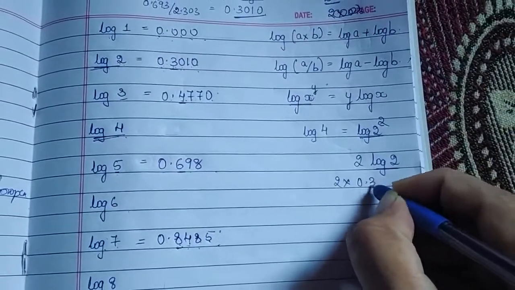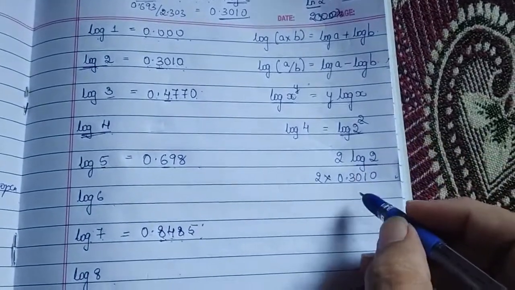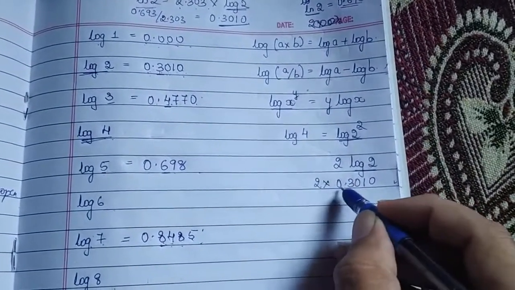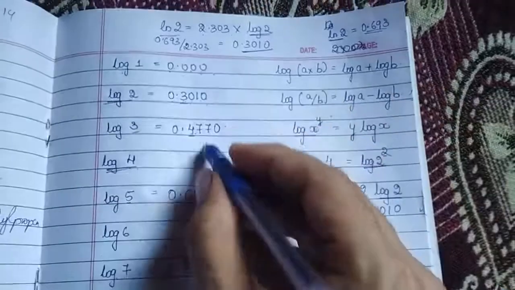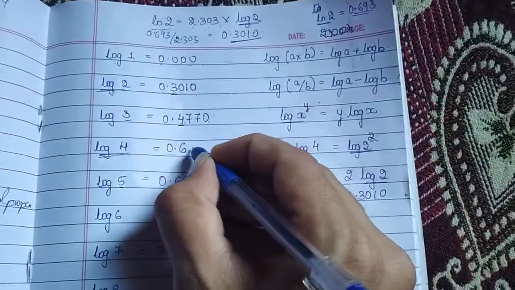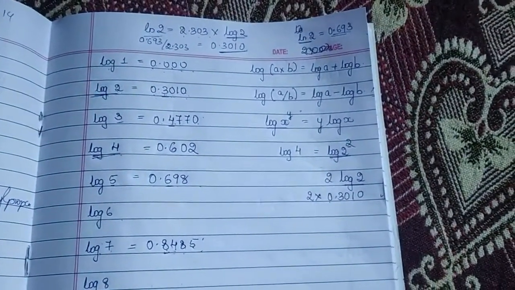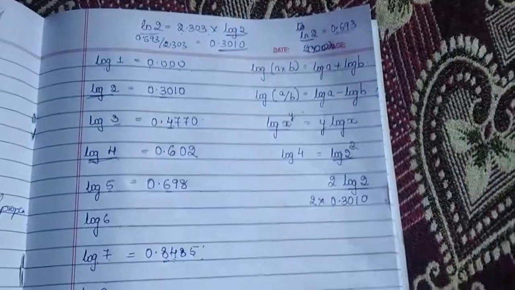So what value will you get for log 4? 2 into 0.3010 will be 0.602. So log 4 is 0.602. Can we verify it?